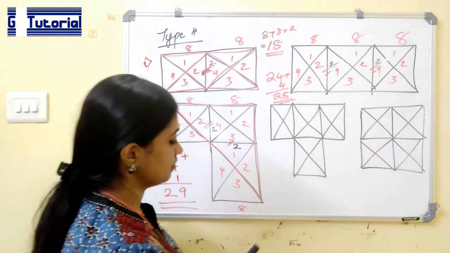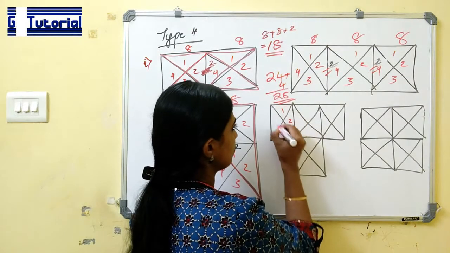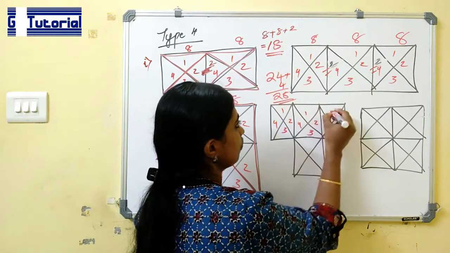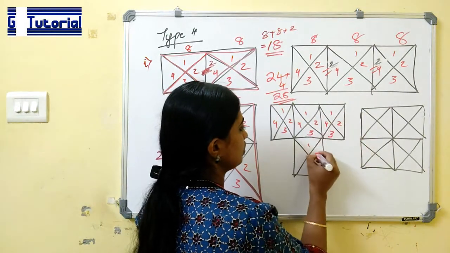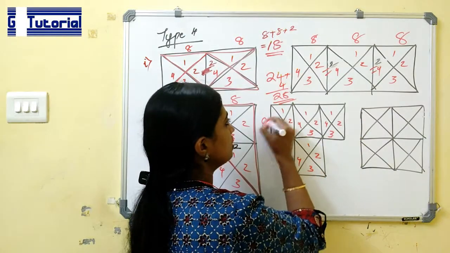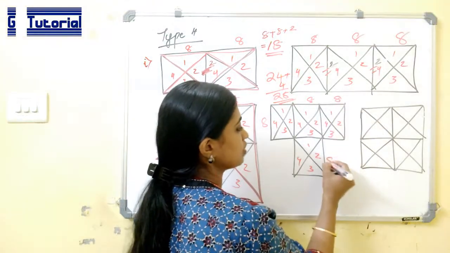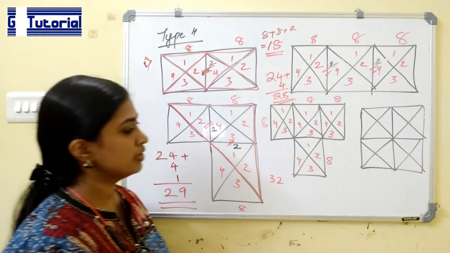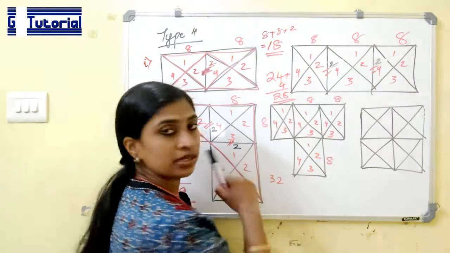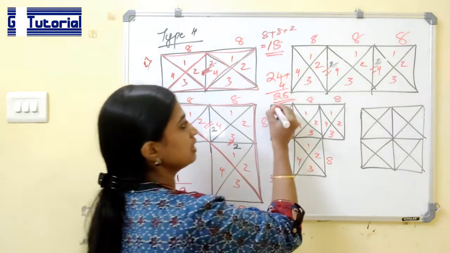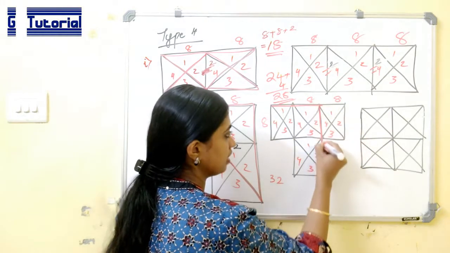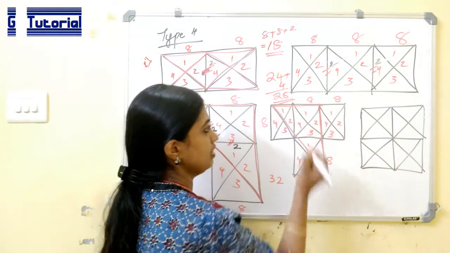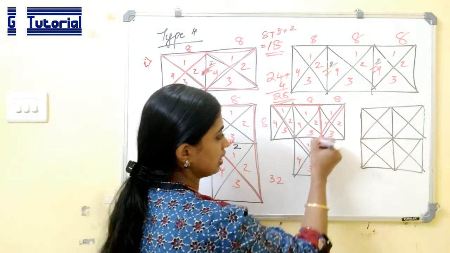Next question. Here also let us number 1, 2, 3, 4, 1, 2, 3, 4, 1, 2, 3, 4, 1, 2, 3, 4. So 8, here also 8, here also 8, here also 8. 8 4s are 32 plus, like we have seen in this case, there is a triangle like this one. Then one more triangle is there.